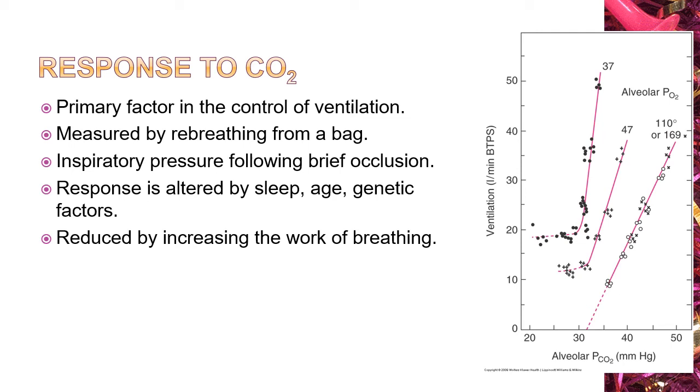And if it exceeds that 46, the body will work really hard to remove that extra carbon dioxide. And that's why we have the response to carbon dioxide as the primary factor in the control of ventilation.